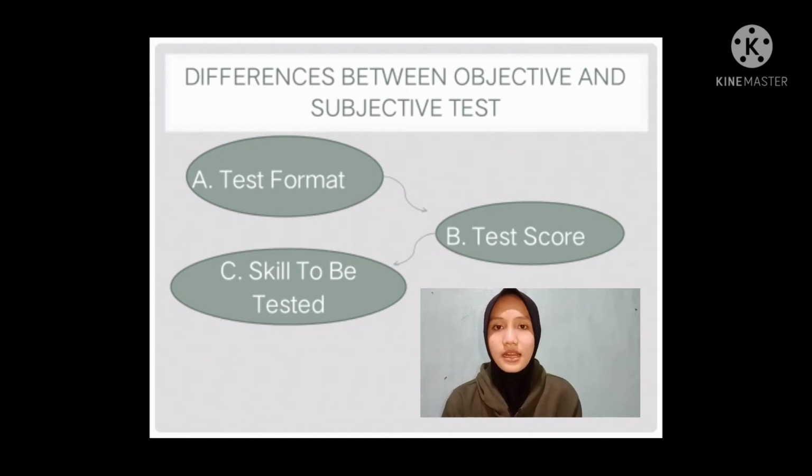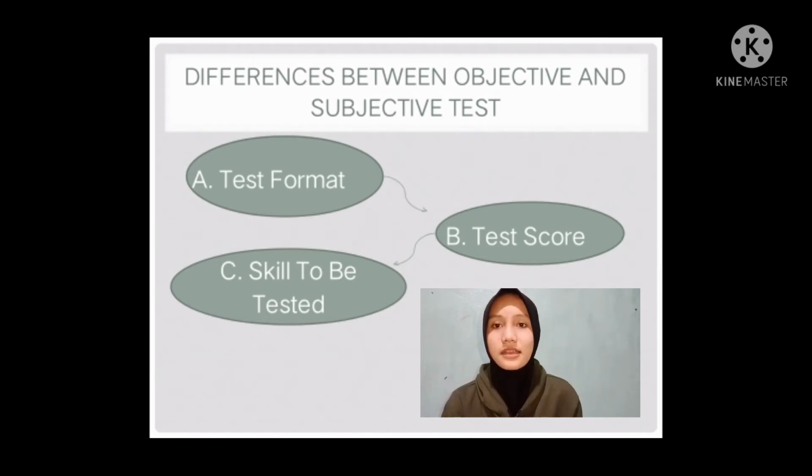Okay, then let's talk about the differences between objective and subjective tests. First, test format. In the test format, objective is usually in the form of multiple choice, yes or no questions, true or false, and matching. Otherwise, subjective is in the form of essay.